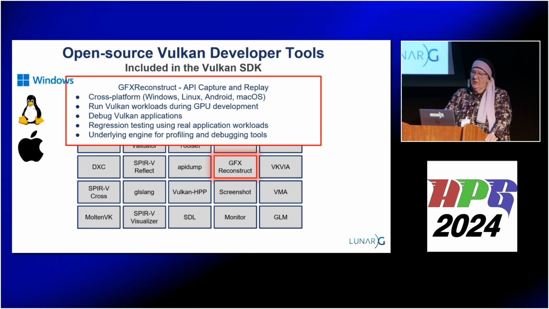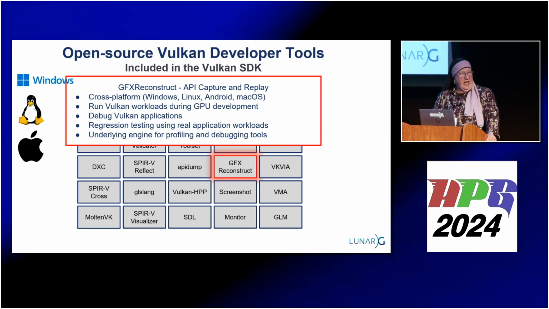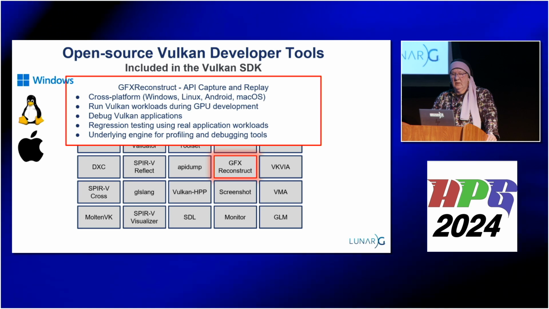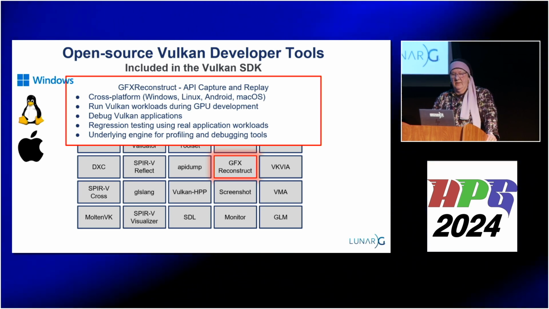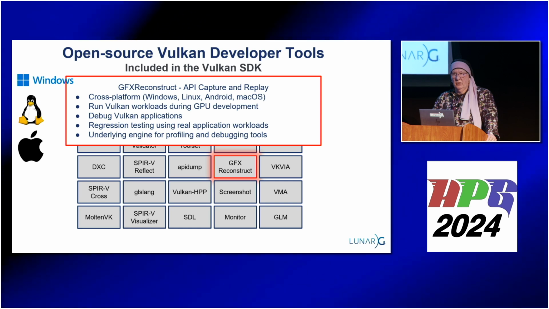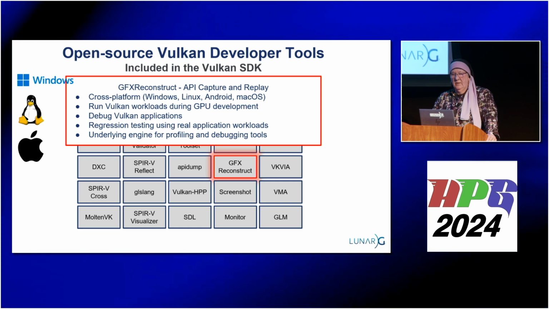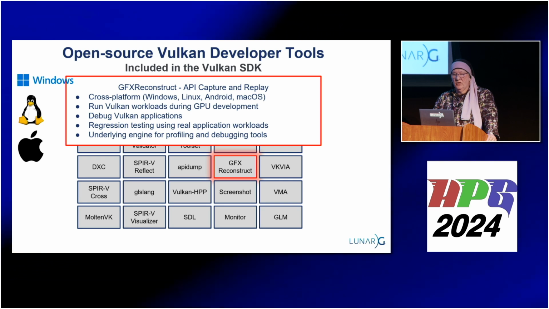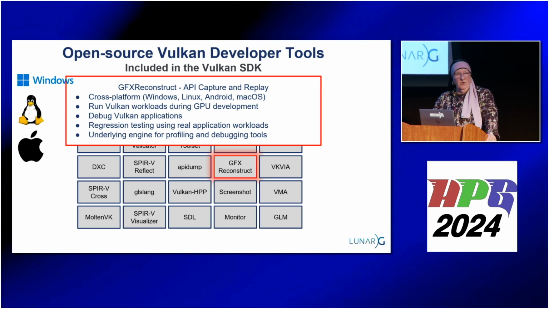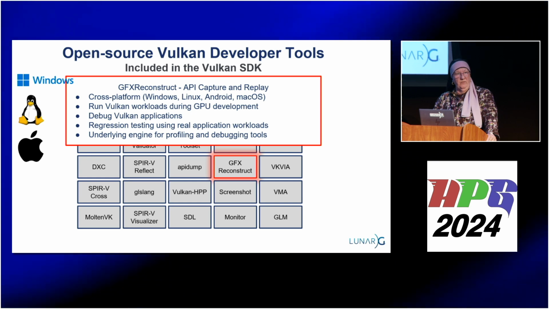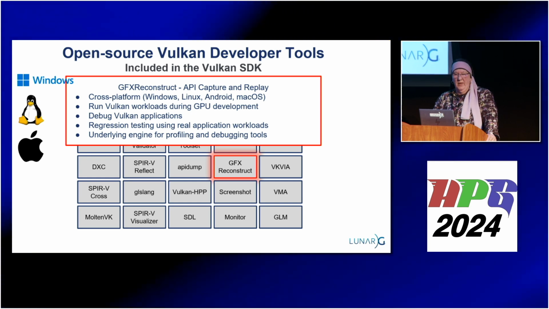And GFXReconstruct. It's an API capture and replay tool. It's cross-platform, supported across Windows, Linux, Android, and Mac. It allows you to capture workloads, the API calls, in binary format for replay at a later time. And it has multiple use cases. We know IHV vendors use it to run Vulkan workloads during their GPU development.